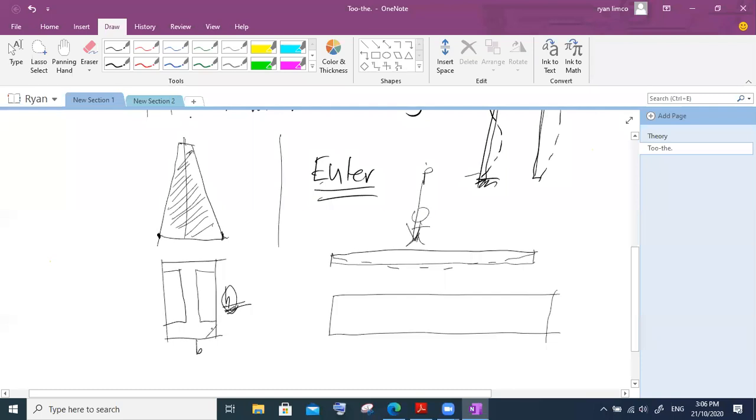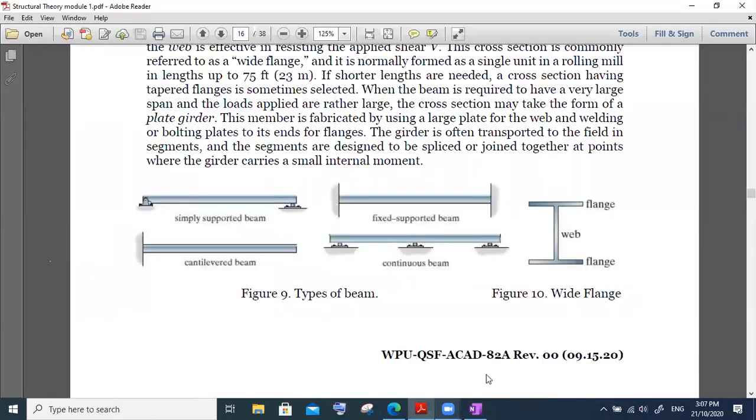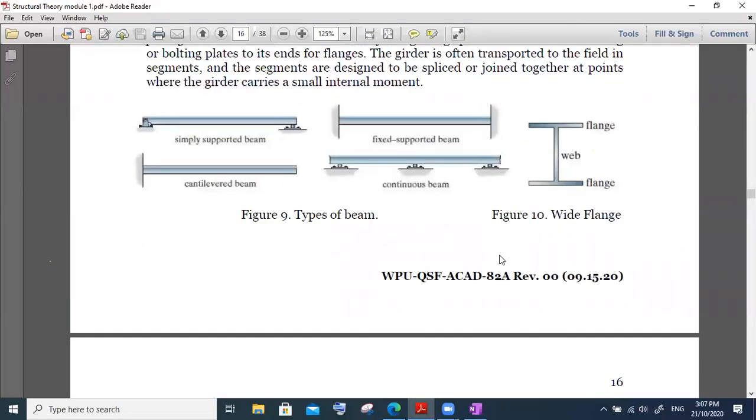And in this case, nagkakaroon tayo ng mga wide flange, no? Wherein ito yung part na to is referred to as the flange. The flange. At ito, ang part na to is referred to as the web.